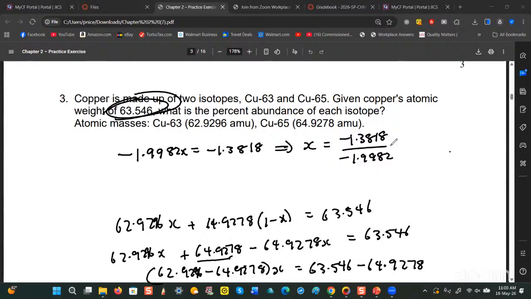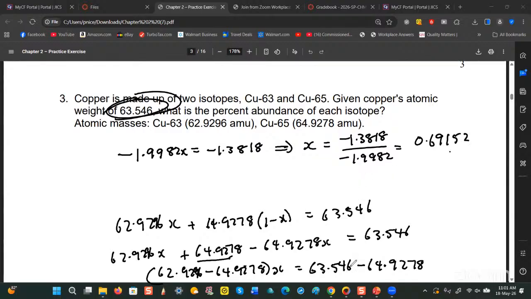Round it off to five sig figs. This works out to be equal to 0.69152.